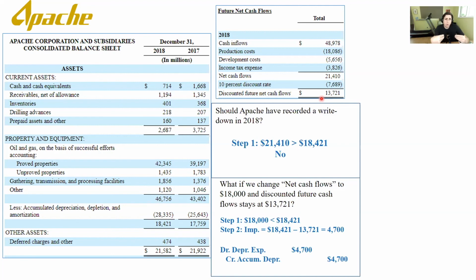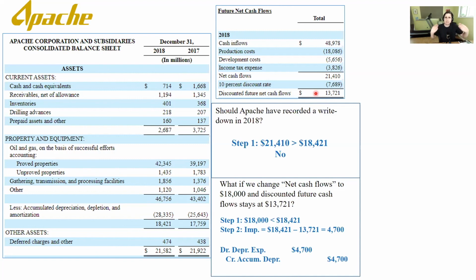So when you have property, plant, and equipment, you could have the scenario where the book value you see on the balance sheet is greater than the true fair value. And the reason that can happen is that we have a two-step impairment test. We allow companies to not record an impairment if the undiscounted future cash flows are greater than the book value. Then we allow a company to skip an impairment even if the discounted future cash flows are lower than book value, which was the case with Apache.